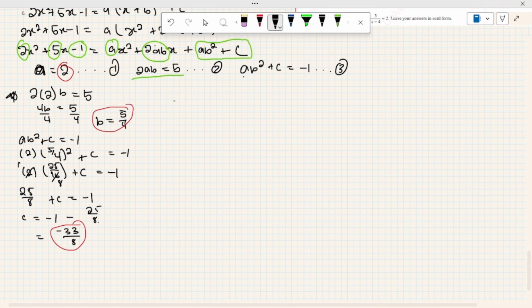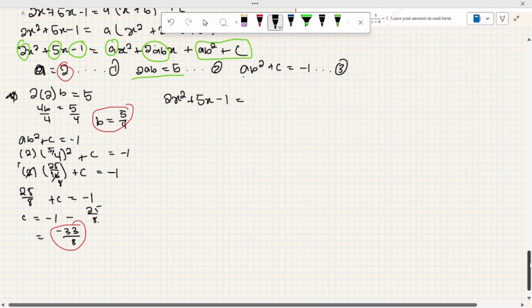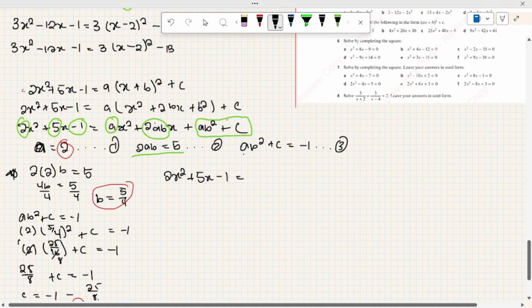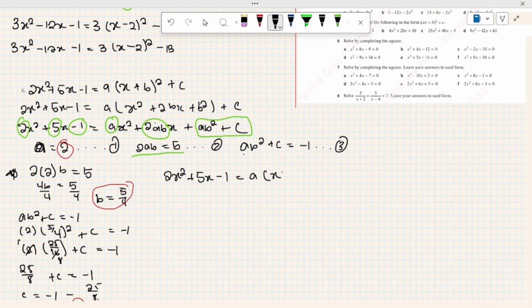So we're given 2x squared plus 5x minus 1 is equal to, if you look at the bracket, a(x plus b) squared plus c.